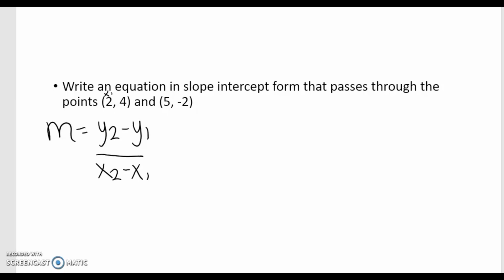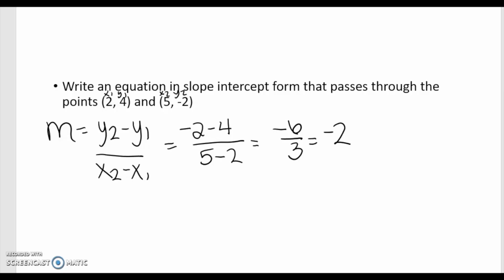So we're going to label this x1, y1, x2, y2. So first thing we're going to do is find our slope. So we have -2 minus 4 over 5 minus 2. So -6 over 3 reduces to -2. So we have a slope of -2.